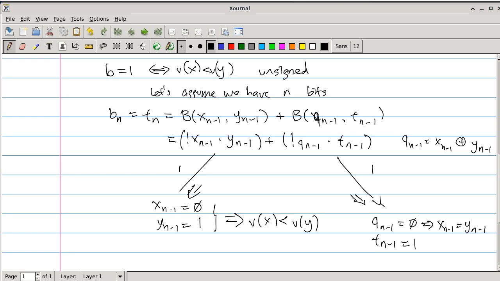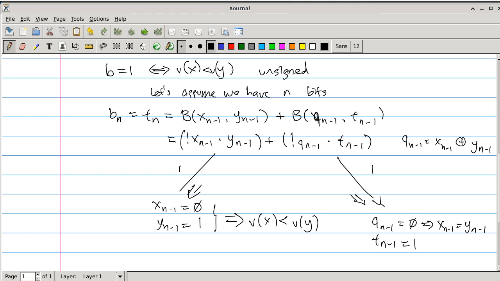Then we push the argument back one step further. So we can basically recursively apply this reasoning until we get down to x0, y0, or until we find that they are different.